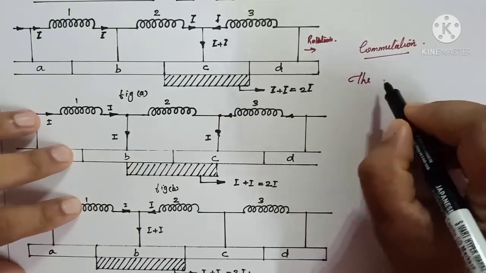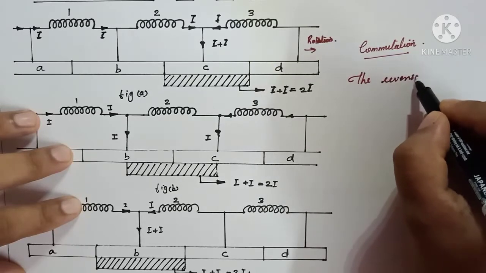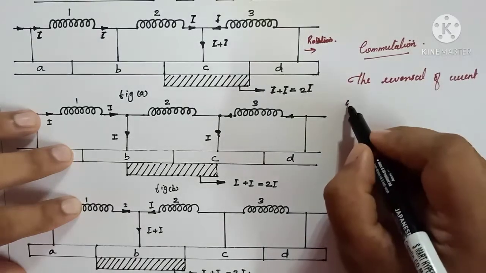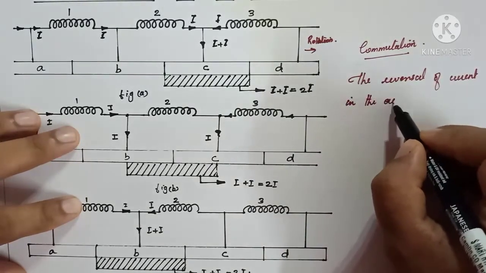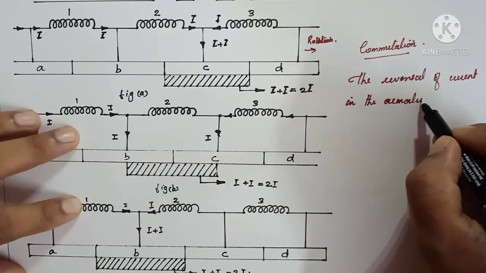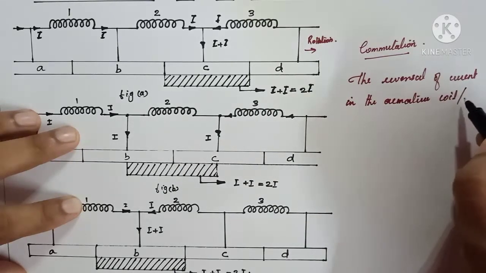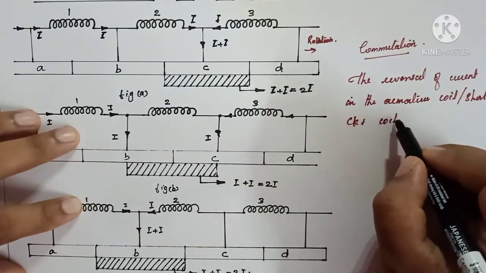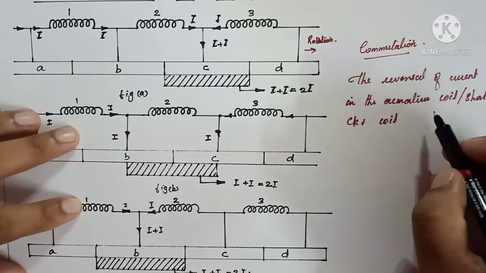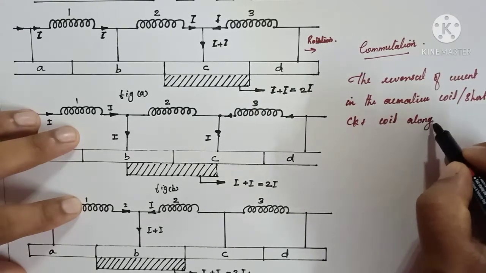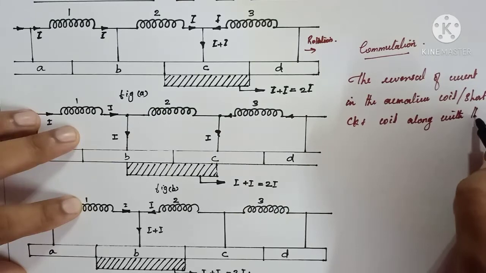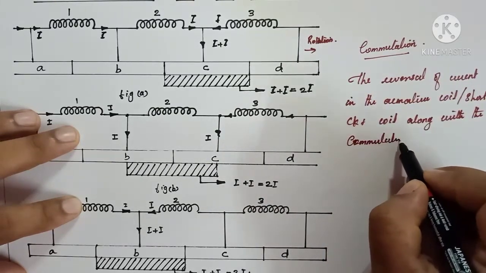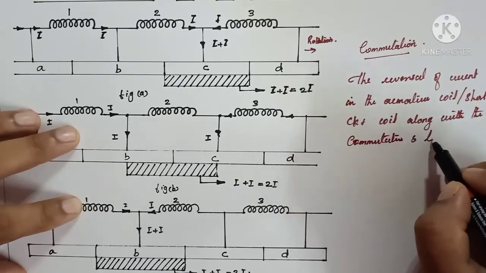The reversal of current in the armature coil or the short circuit coil, along with the commutator bars and brushes.